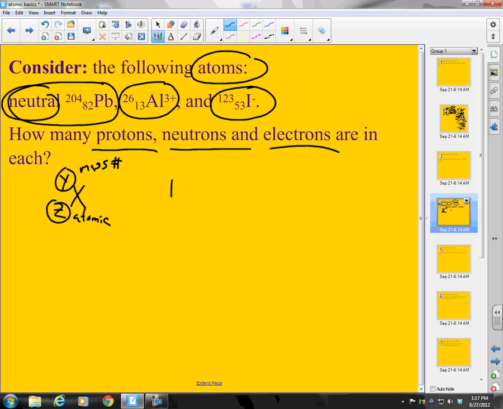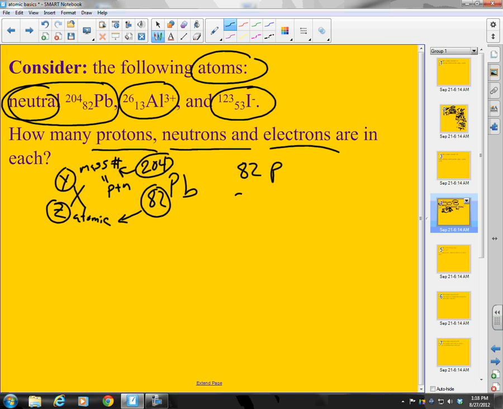So if I have lead 204 over 82, that means my 82 is my atomic number. And what is that? That is the number of protons. So that means I have 82 protons. What's 204? 204 is my mass number. And the mass number, if you recall, is equal to the number of protons plus the number of my neutrons.